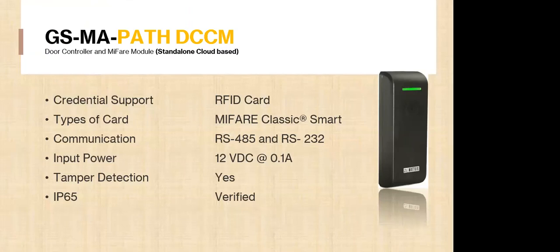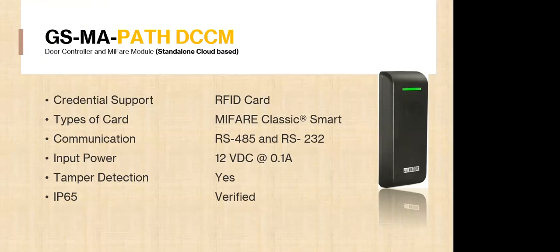So this is a standalone door controller. This can in itself record, I think, 50,000 events. So when let's say there's no connectivity to the central server or central location or cloud, the system will still operate in a standalone mode.